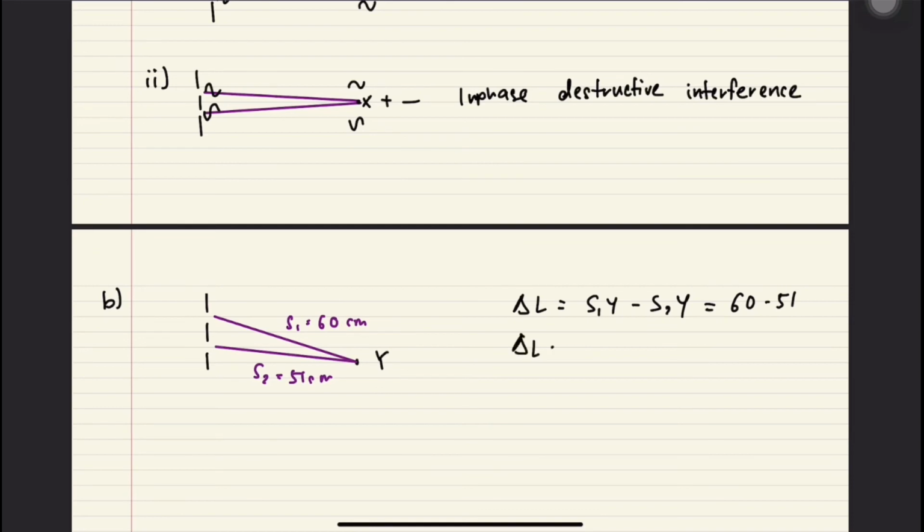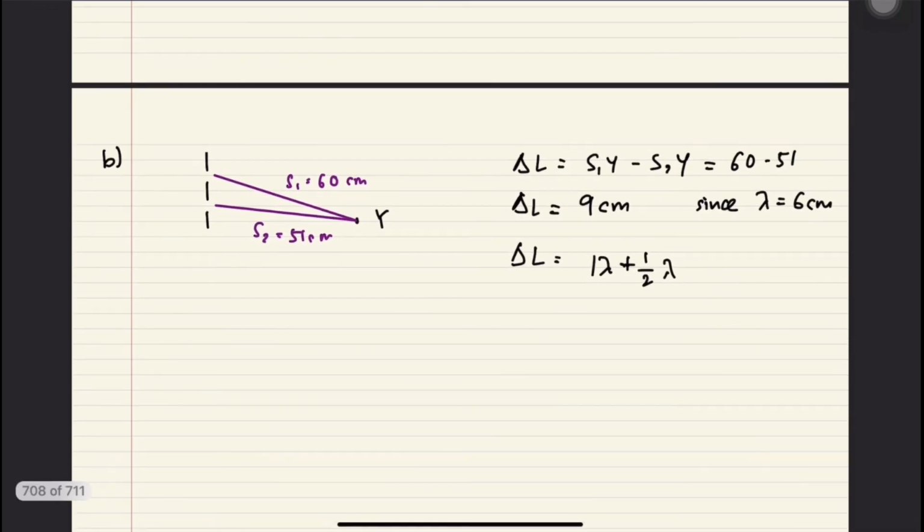So delta L is equal to 9 centimeters. If I want to write it in terms of lambda, since lambda is equal to 6 centimeters, I can say that delta L is 1.5 lambda, which is lambda plus half lambda. The key thing here is the half lambda.